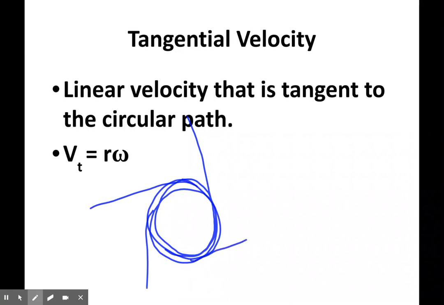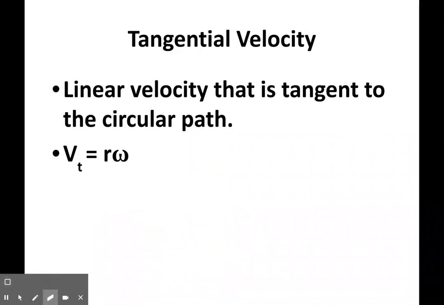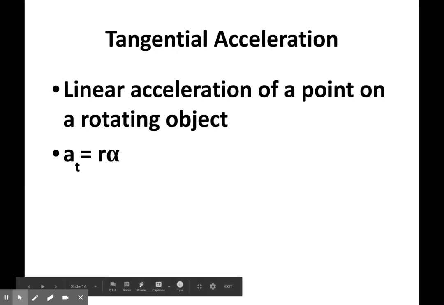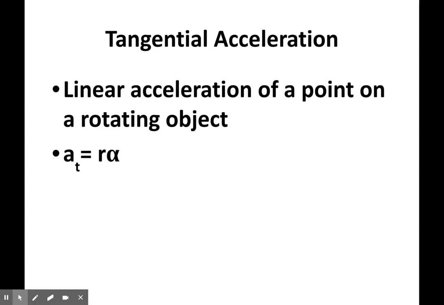So v sub t is tangential velocity, and it's radius times your rotational velocity. Tangential acceleration, a sub t, equals radius times rotational acceleration.